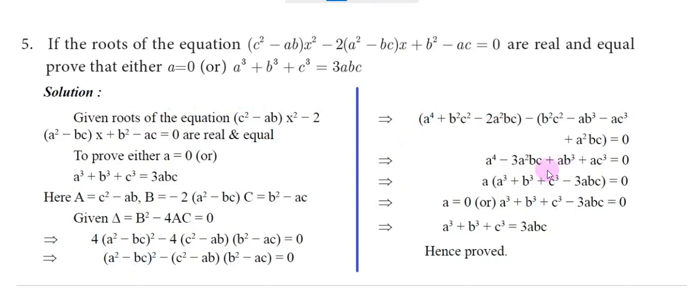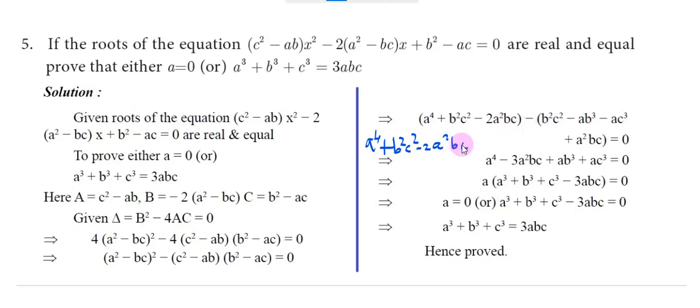Okay, look, now a power 4. Next, now let us rearrange this. b square c square minus b square c square. So we may write like this: a power 4 plus b square c square minus 2a square bc.